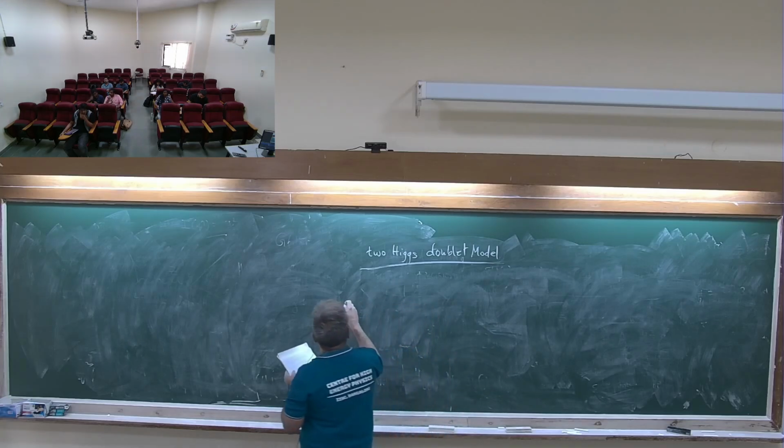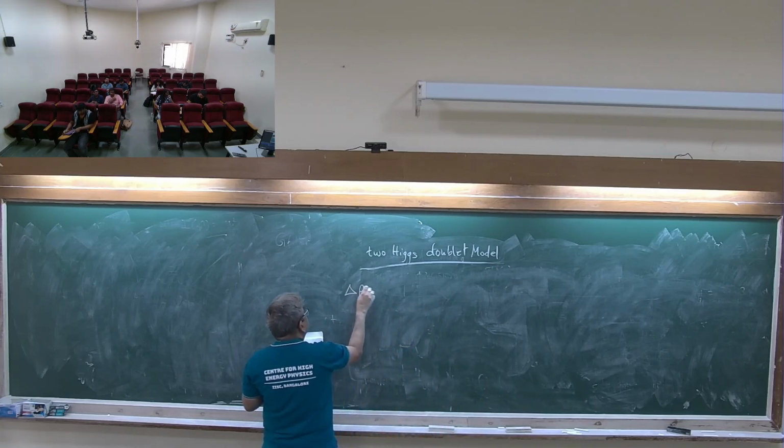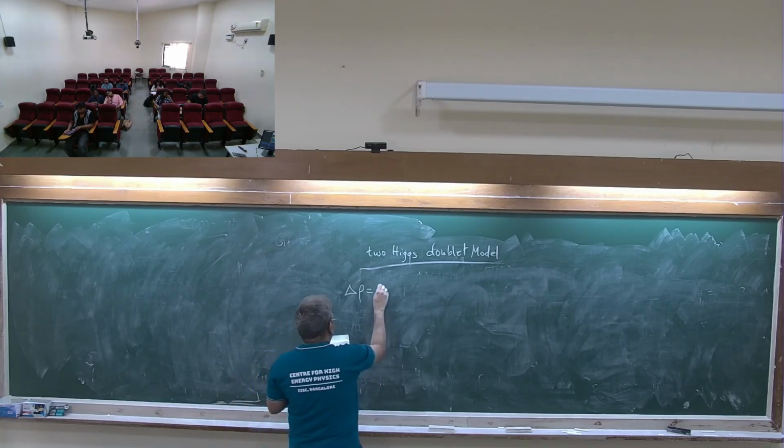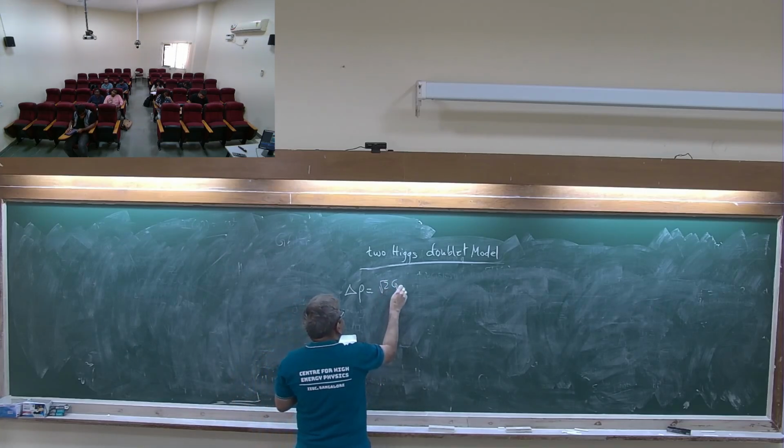So this delta rho parameter, if we calculate explicitly in the 2 Higgs doublet model, it has the following formula.